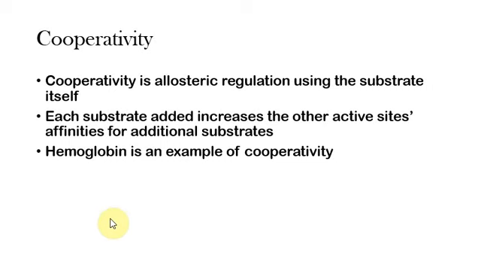This allows it to pick up the maximum amount of oxygen in your lungs, because every additional oxygen will make it pick up even more, and it also maximizes the oxygen that it gives off in your muscles or other locations that are using the oxygen, because every time it gives off an oxygen, it'll give off even more. And so that's why cooperativity is important.